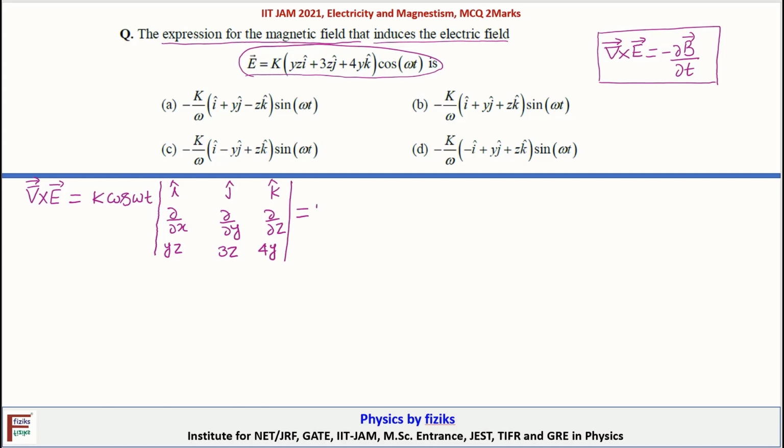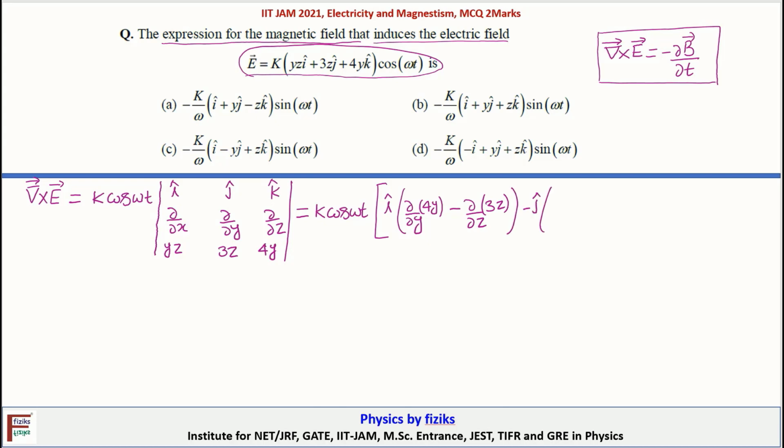So if we expand this, k cos omega t, the i cap component is given by del y of 4y minus del z of 3z, minus j cap.